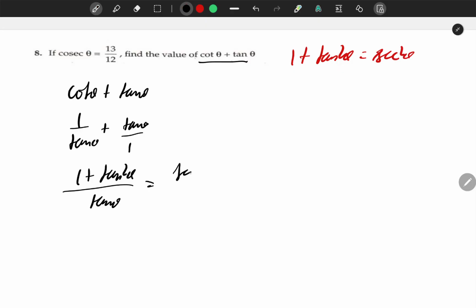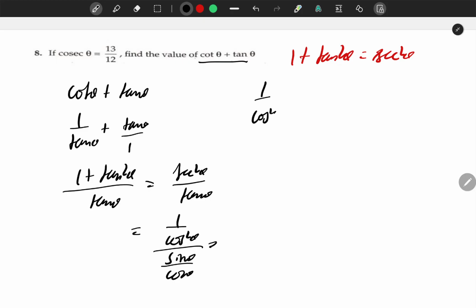So it is secant square by tan theta, which is 1 by cos square theta into cos theta by sin theta. Cos gets cancelled, 1 by sin theta into cos theta.